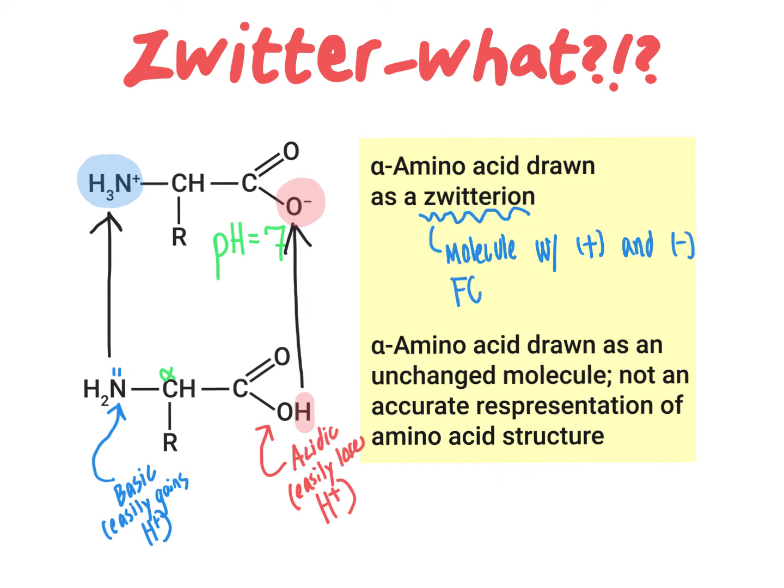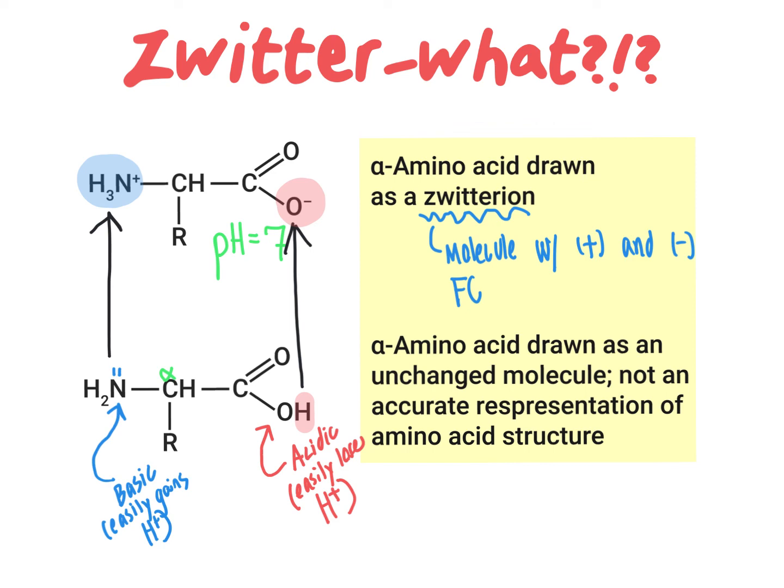And this is typical of these 20 standard amino acids, that at physiological pH, they are generally found with the nitrogen atom positively charged, having picked up an extra proton to form an ammonium cation. On the other hand, the oxygen is negatively charged, having lost a proton from the carboxylic acid group.